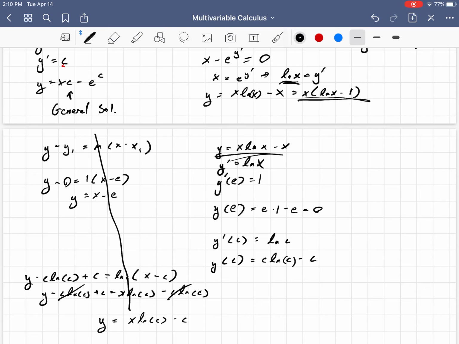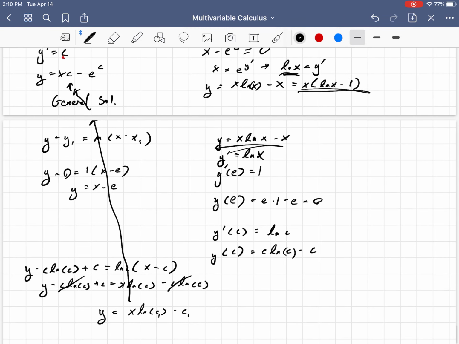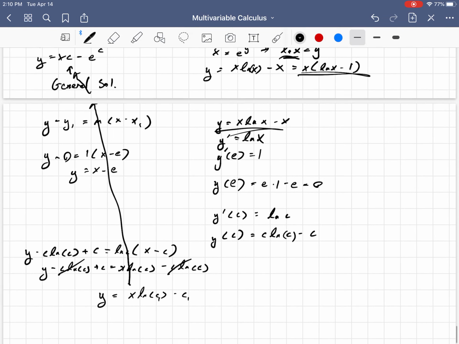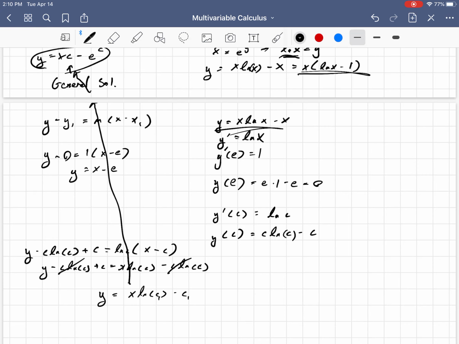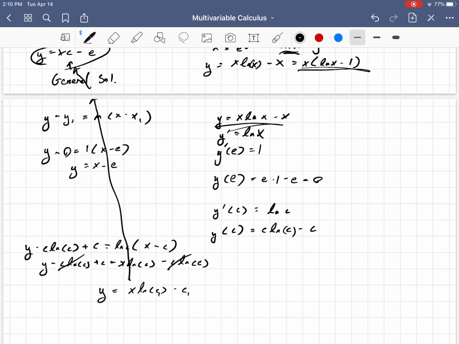And so all we've done to our constants now is just shifted them, in essence. See, this does match up with this general solution here, because you could call this c sub 1 instead, for a different constant, because we don't know if it's necessarily the same constant as here.